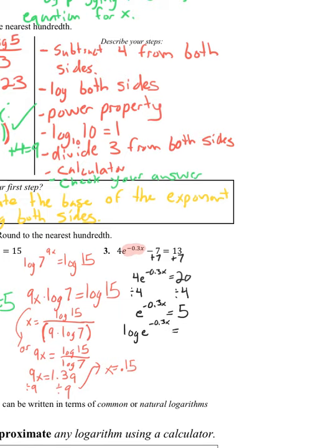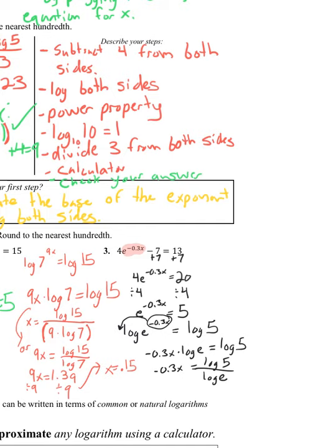All right. And I get log base e of negative 0.3x equals log of 5. And I could take this thing, using the property of exponents, drop it out in front. And then remember, e is a number, not a variable. So if I divide both sides by log of e, I get log of 5 divided by log of e.